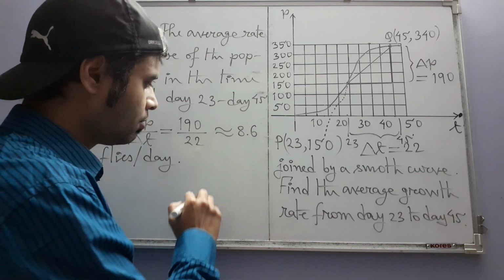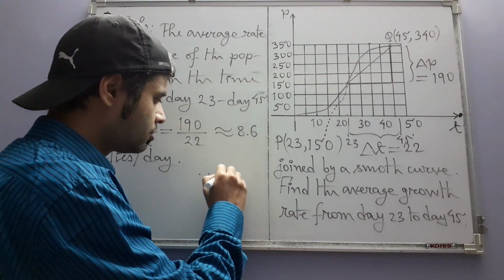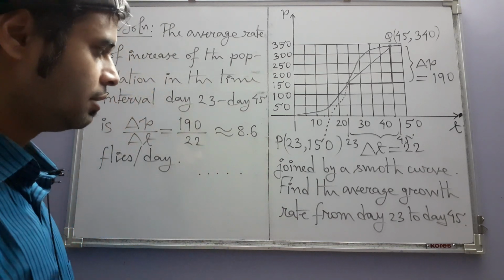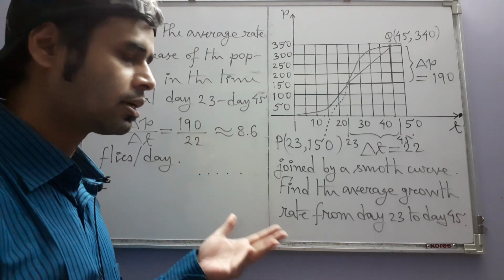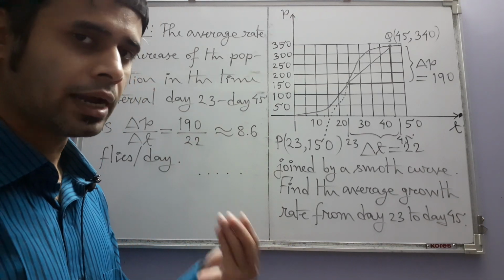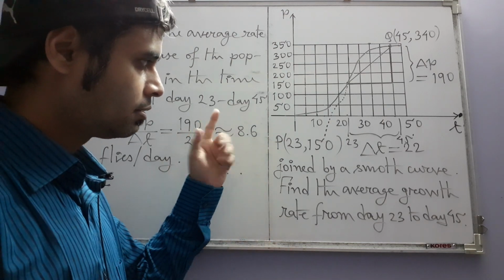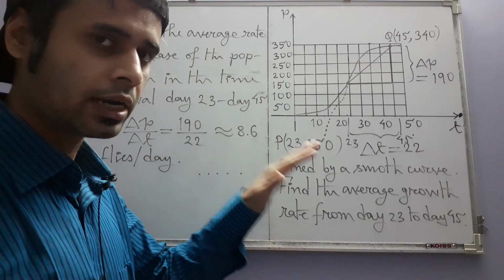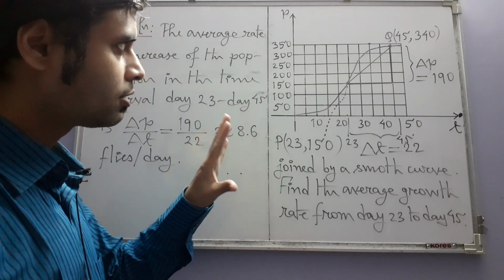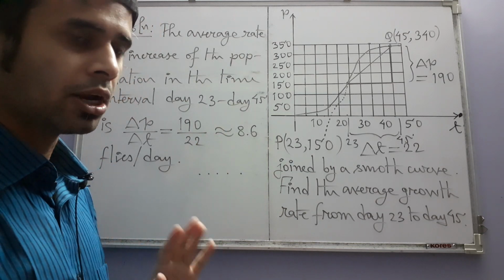And then we saw what happened to those average speed values. We found that they were getting closer and closer to some value, and that some value we defined to be that speed of the falling rock at that 1 second mark. So here also we are going to do something similar.